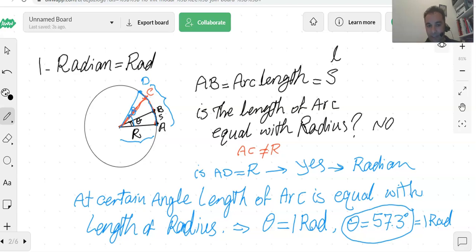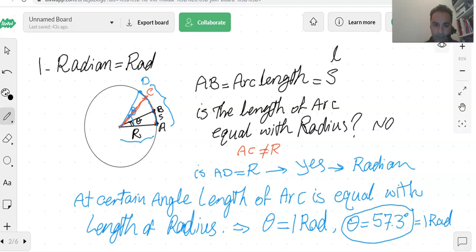Now ask this question: is the radius of the circle, this r, the same as the length of arc AB? The answer is no. Why? Because this is about 2.5 centimeters, which is 25 millimeters, and this is just 8 millimeters.